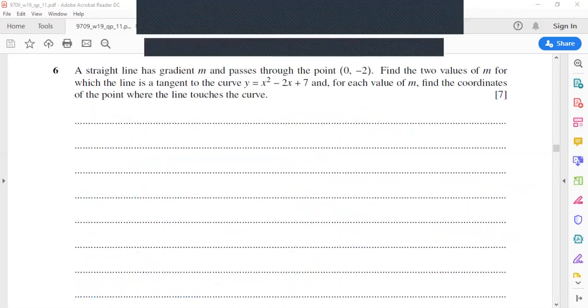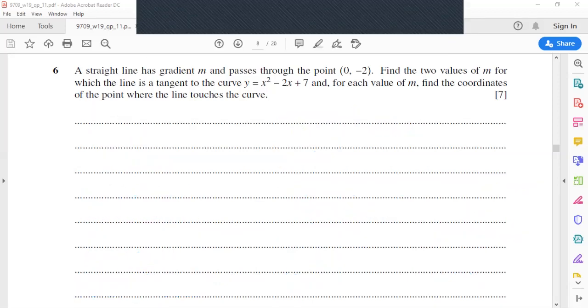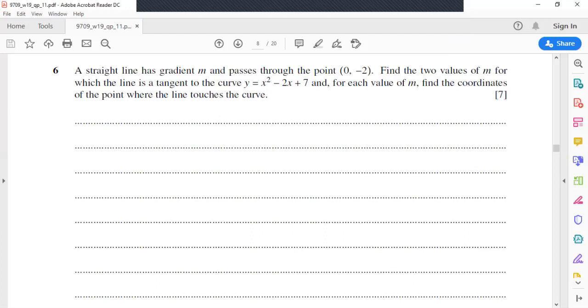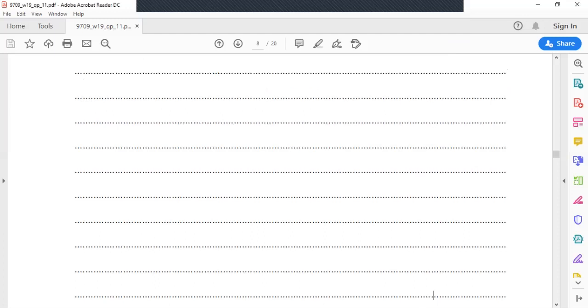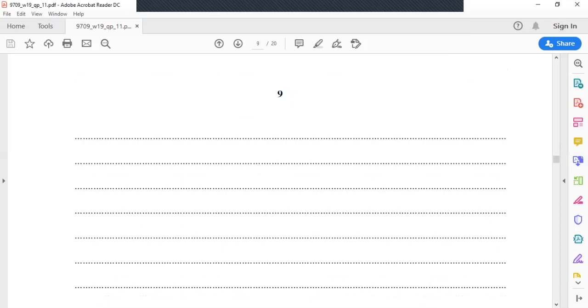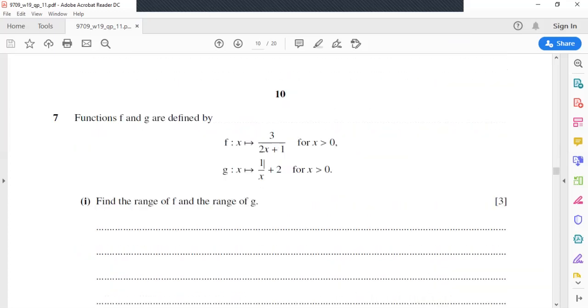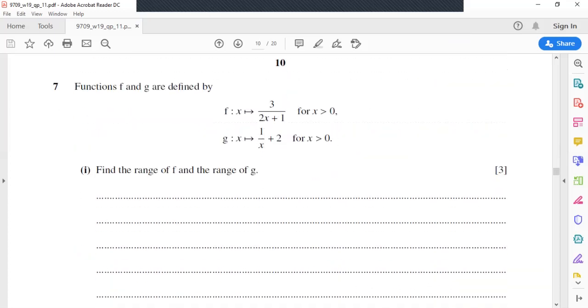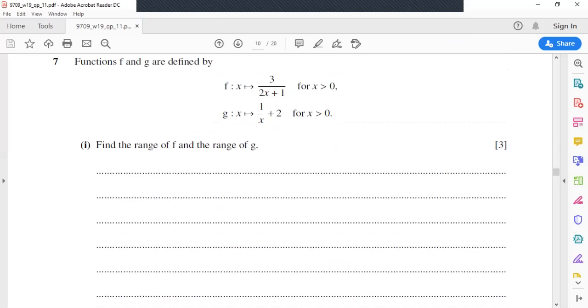Question number 7. This is regarding functions. In this question, find the range of f.